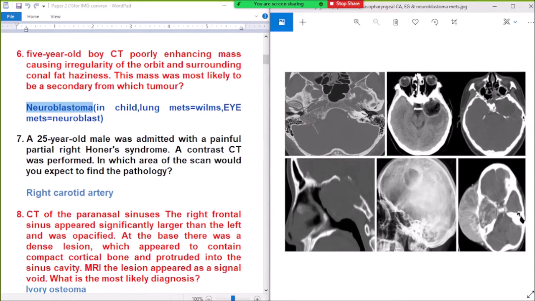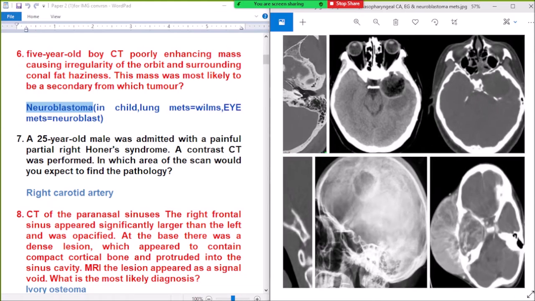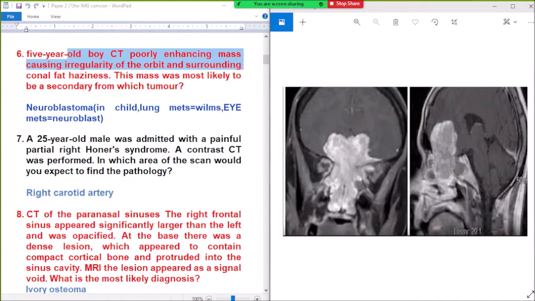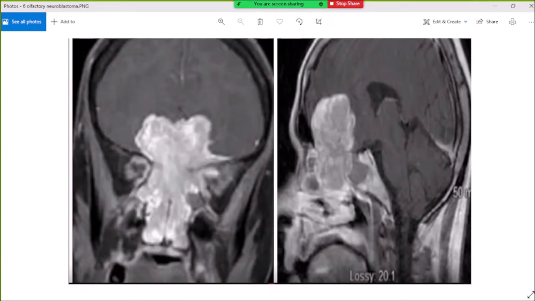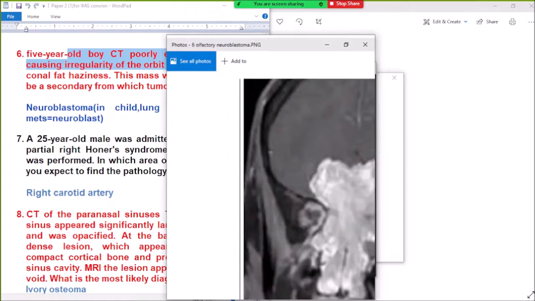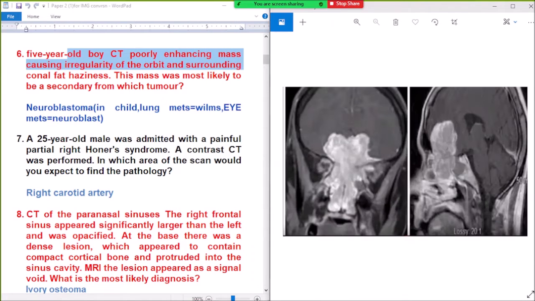This is eosinophilic granuloma. Remember, we have done this before, and this is neuroblastoma. This is neuroblastoma mets to the skull, and here they are talking about neuroblastoma in the orbit. A 5-year-old boy with a poorly enhancing mass, looking something like this. This is also neuroblastoma, but now we are talking about orbital neuroblastoma.